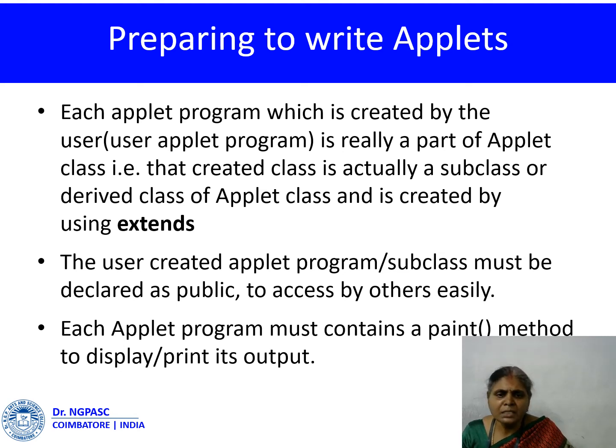As I told you, instead of a main method, the applet has a paint method. Using the paint method with the Graphics object, we can draw many images which will be very interactive for the users.